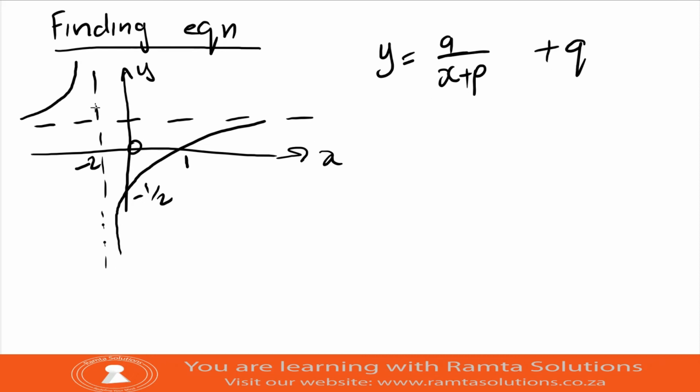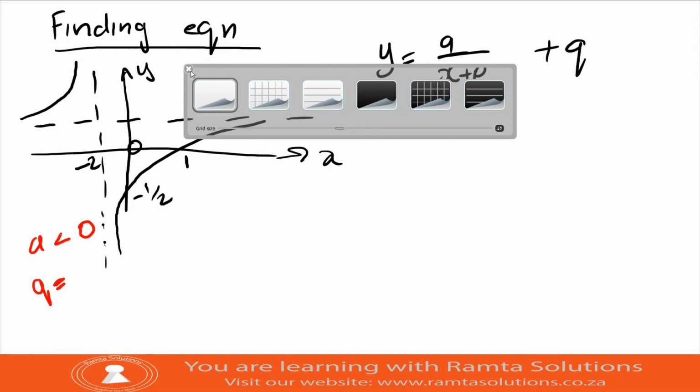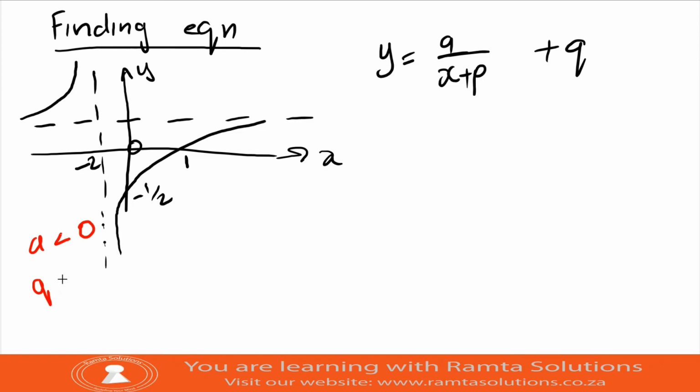My expectation is that my a must be negative, and my q must be positive because it has shifted up. I also see that my p has shifted to the left, which makes it 2, because the x value here is negative 2.